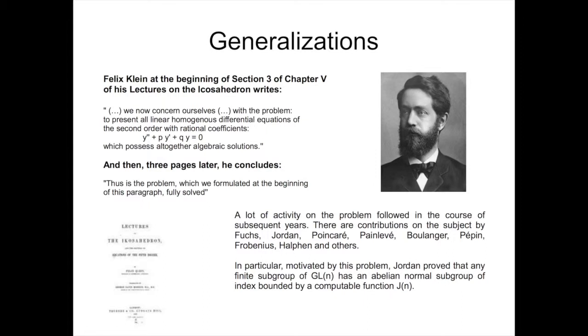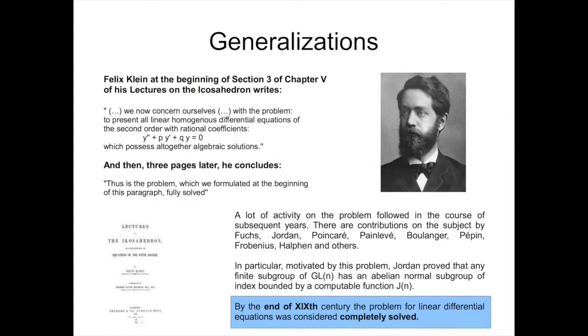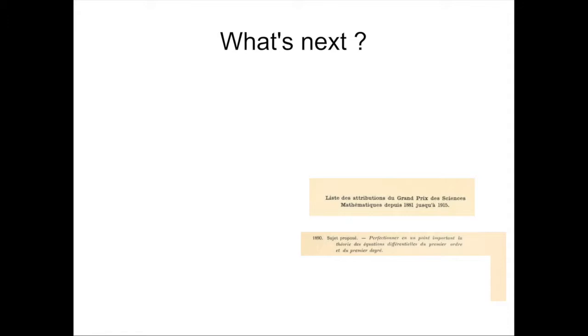We have this passage from Klein's lectures on the icosahedron: "Thus the problem which we formulated at the beginning of this paragraph is solved." The problem is exactly a particular instance of the problem that I mentioned in the first slide. So at the end of the 19th century, the problem for linear differential equations was considered completely solved. So what's next?